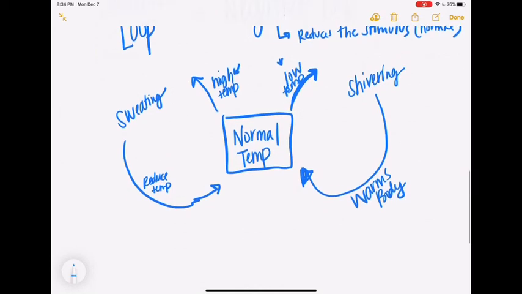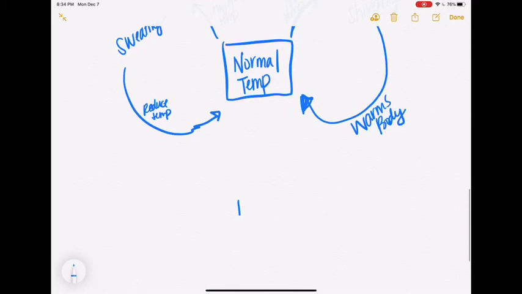And so you can do one for insulin too, okay? You have a normal blood sugar, and I'm going to expect you to expand on this, and I'm going to draw a really rough one, but you're going to have to do one in your notes. But when your blood sugar is high, you have one event, okay? When your blood sugar is low, you have another event, okay?